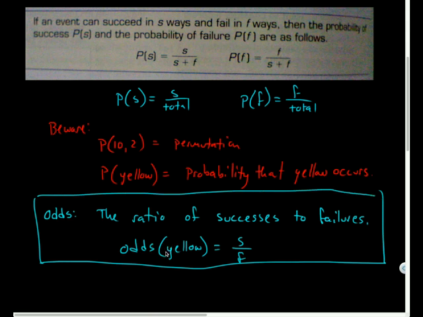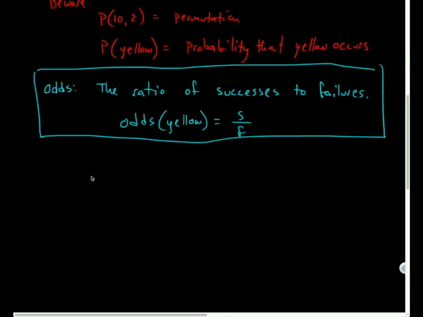Typically in the real world, we'll see odds used in gambling. 3-to-1 odds mean it's 3 times as likely that a team will win compared to lose. Stuff like that. So let's do some examples with just these fractions. Suppose the odds of an event occurring, the odds of success, was 1 to 20.